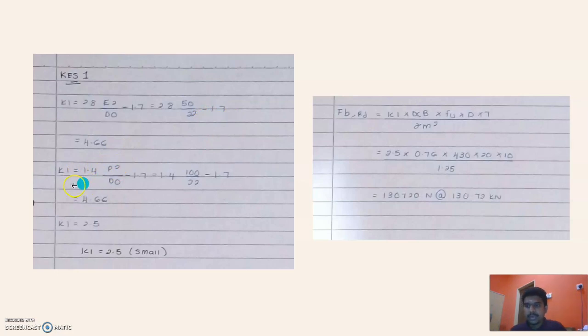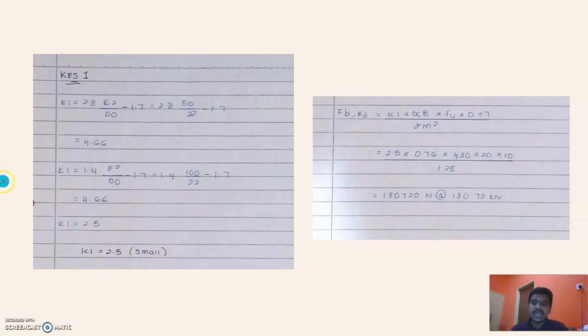Following that, k1 is 1.4 p2 over d0 minus 1.7. p2 is 100, d0 is 22, and minus 1.7, we also get 4.66. That is, k1 is 2.5. k1 of 2.5 is the smallest one again.